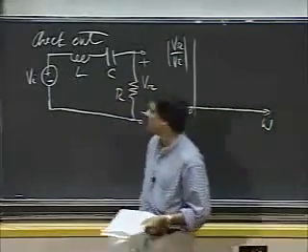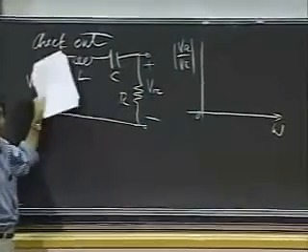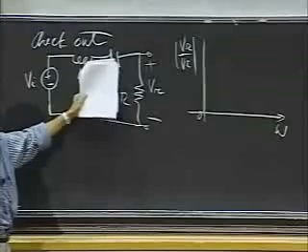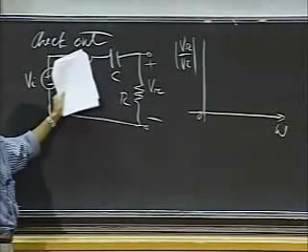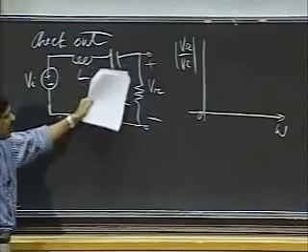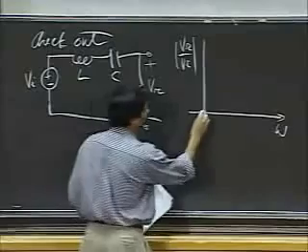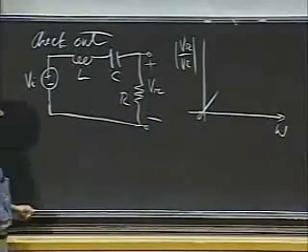At incredibly low frequencies, the inductor looks like a short circuit, but the capacitor looks like an open circuit. An open circuit in series with a short circuit ends up looking like an open circuit, and therefore all my voltage falls across VR.